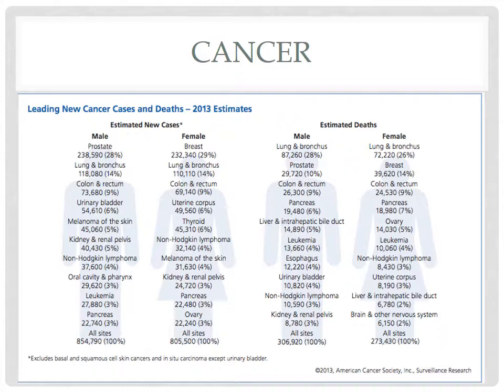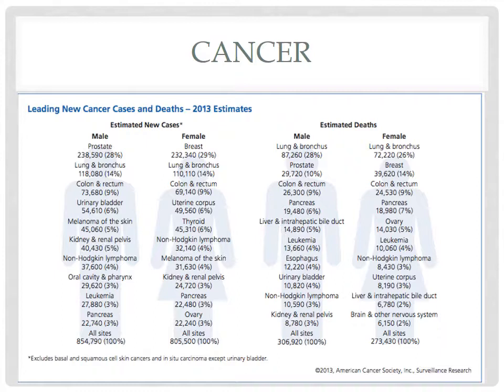Malignant tumors can affect epithelial cells that line the inner and outer surfaces of the body, the muscles, bones, and cartilage, or the blood and blood-producing systems, with some types of cancer being known to be more aggressive and difficult to eradicate than others. Here you'll see the percentage of new cancer cases, as well as cancer-related deaths due to cancer in specific regions or parts of the body.